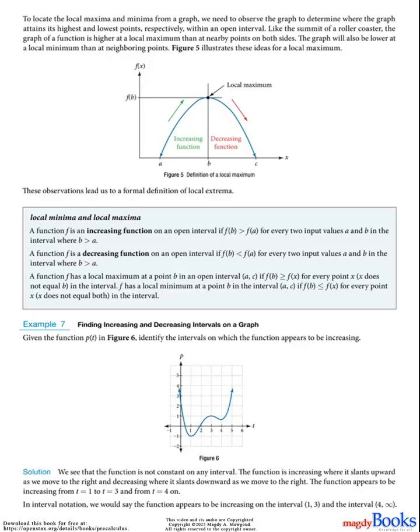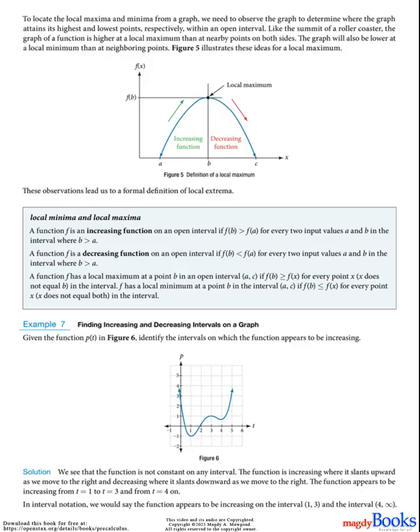Local minima and local maxima. A function f is an increasing function on an open interval if f of b is greater than f of a for every two input values, a and b, in the interval where b is greater than a. A function f is a decreasing function on an open interval if f of b is less than f of a for every two input values, a and b, in the interval where b is greater than a.